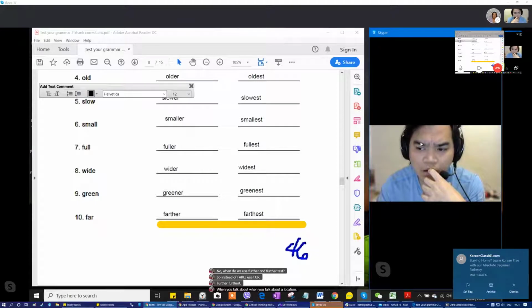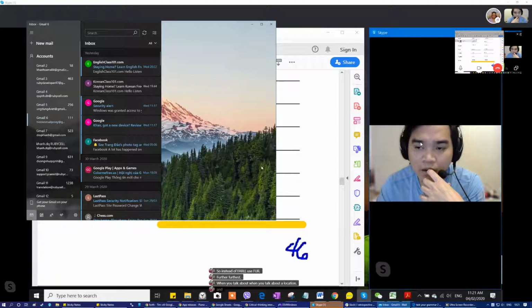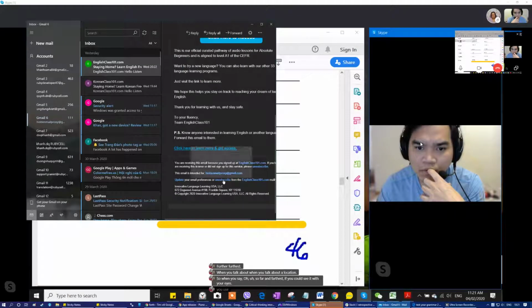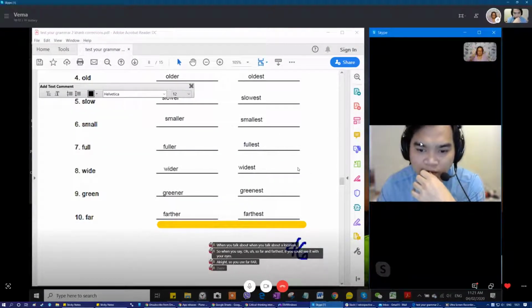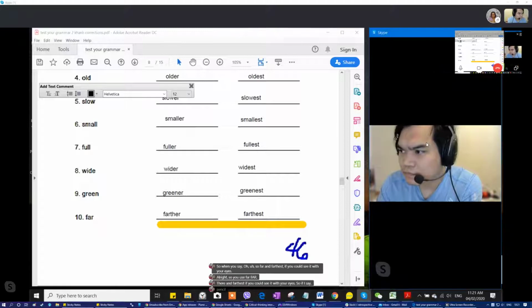So far and farthest, you use if you can see it with your eyes. So if I say the ball pen is far, the pencil is farther, farthest.